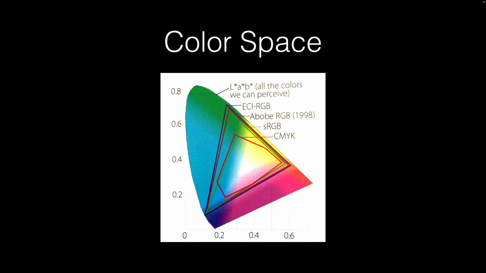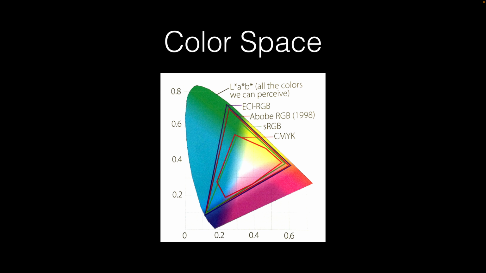So these colors all represent what we see and what we're dealing with in Lightroom. This entire horseshoe, the whole thing, represents all the colors that we can perceive. But we work within a color space in our computer and in our software, and we've talked about making that color space Adobe RGB 1998.